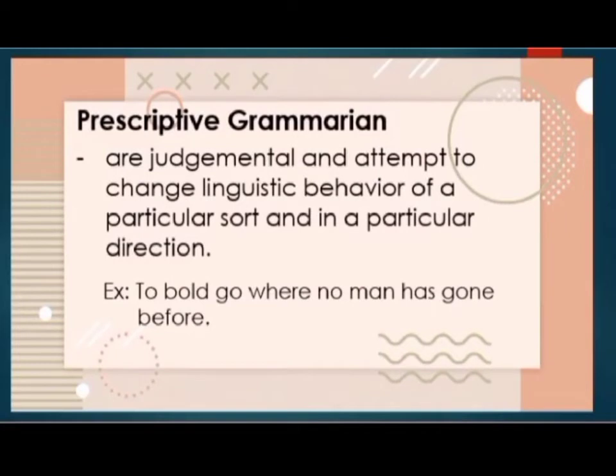Now we have the prescriptive grammarian. Prescriptive grammarians are judgmental and attempt to change linguistic behavior of a particular sort and in a particular direction. A prescriptive grammarian would say that something is grammatical only if the surface form conforms to a set of rules that the grammarian believes should be followed in order for a certain grammar style to be achieved.